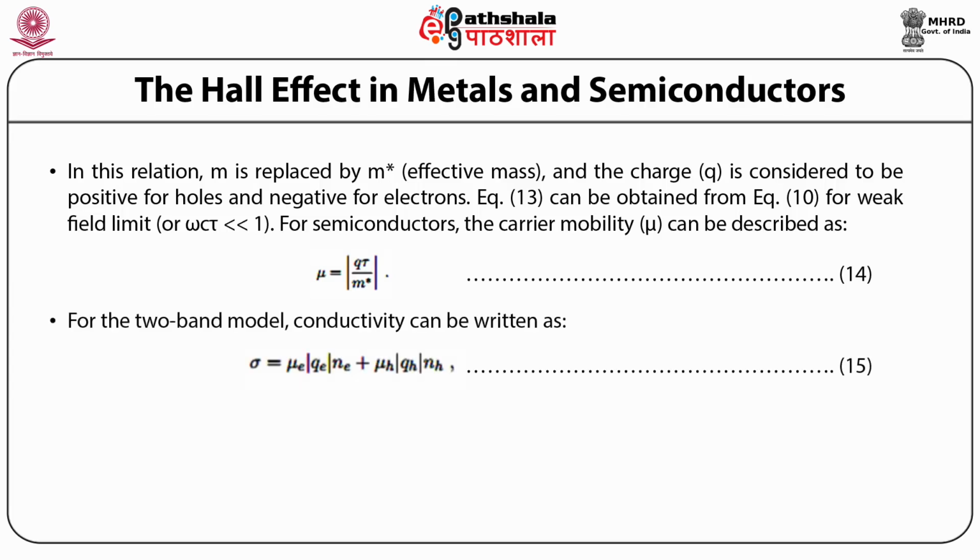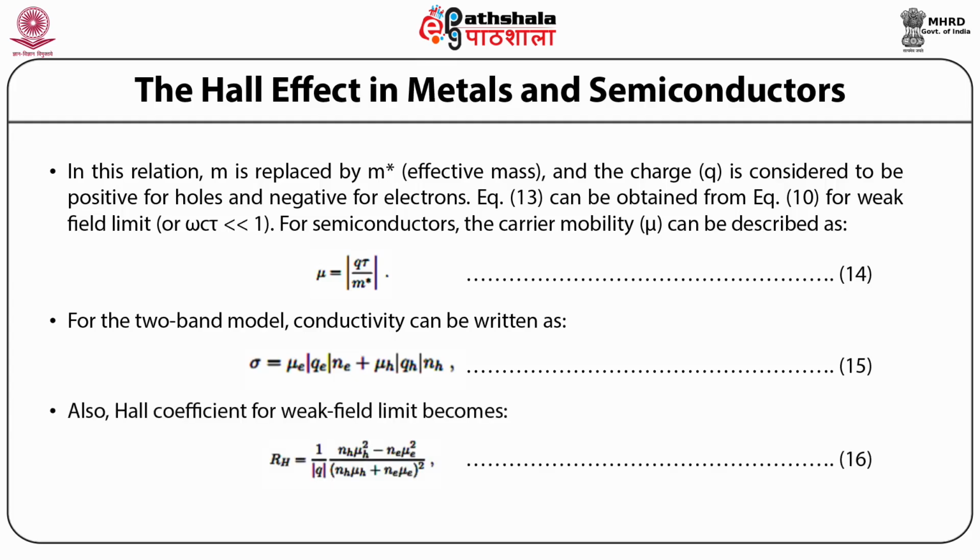For the two-band model, conductivity can be expressed as sigma equals mu e into modulus of QE into NE plus mu h into modulus of QH into NH. This is represented as equation 15.